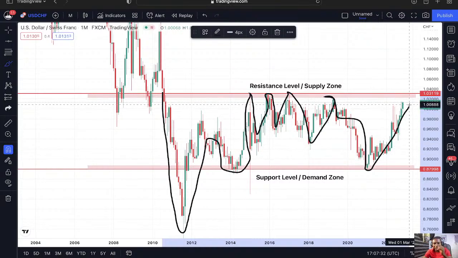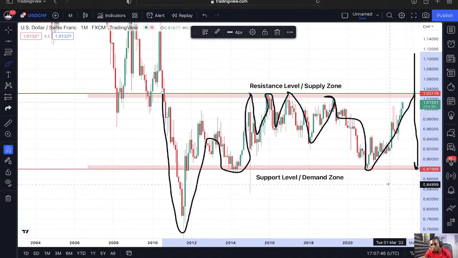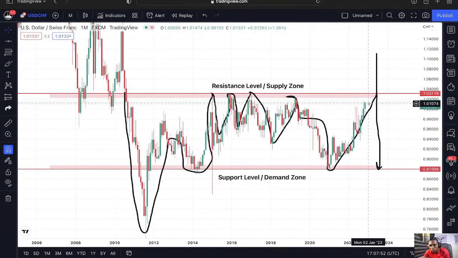So what do you think price would most likely do when price gets into this resistance level? Would price break out of this level, or would price fall back to the support zone? Let me know your opinion from this little analysis. What do you think price will do here?